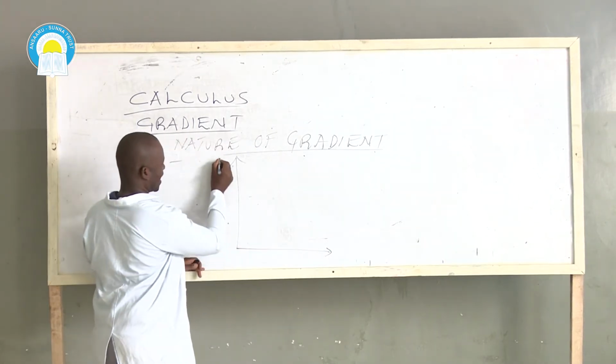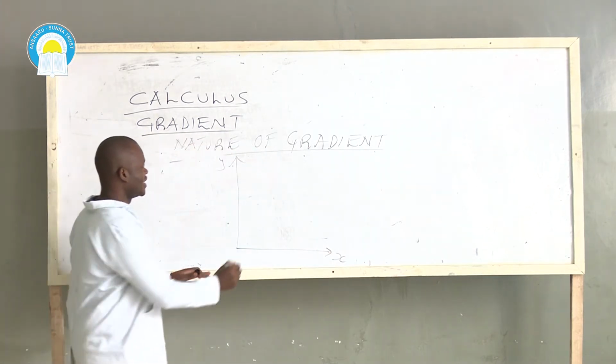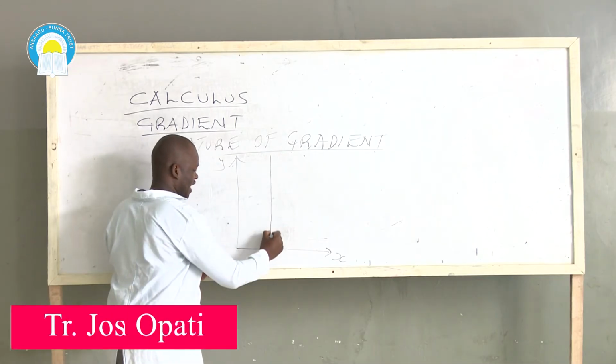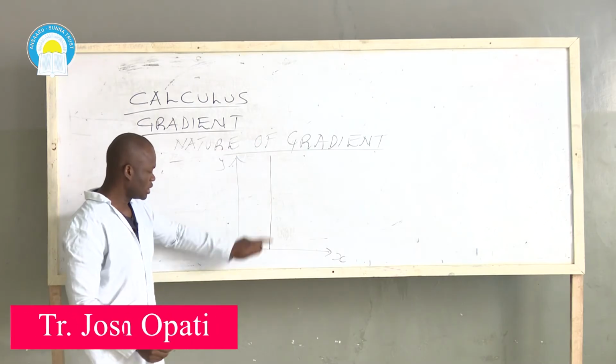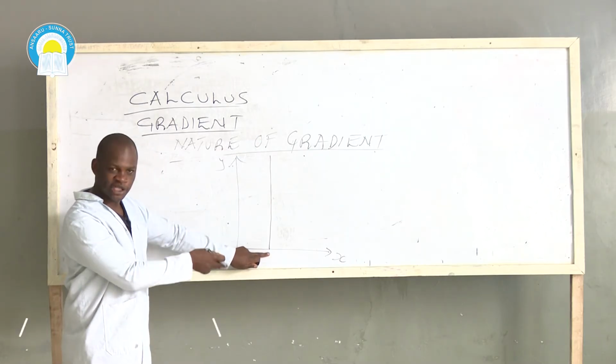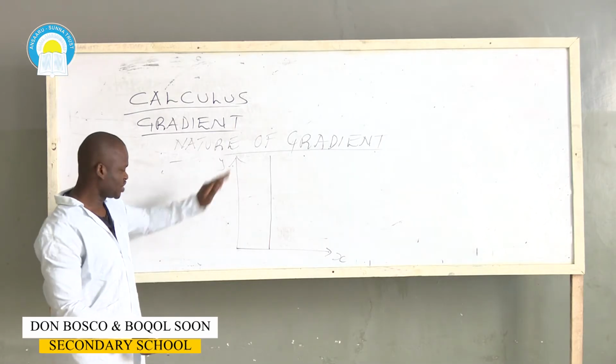Y-axis. So I have my y-axis there, my x-axis there. This is a vertical line. If you're very keen, such a line throughout will maintain the same value of x. But in terms of y, the value will be changing.